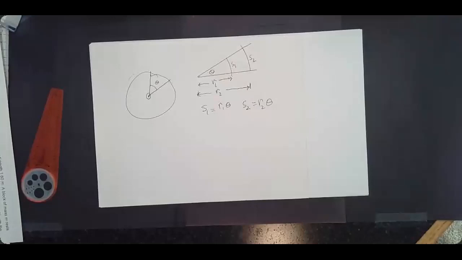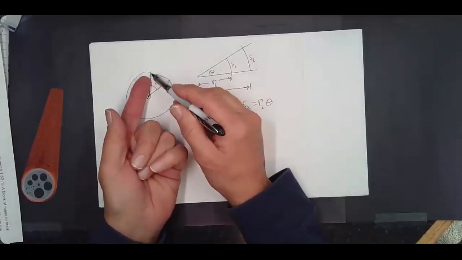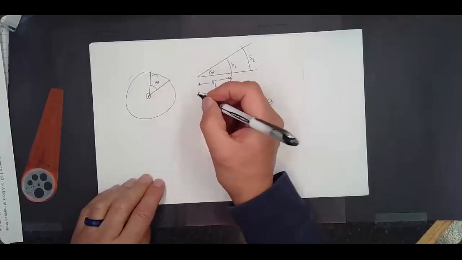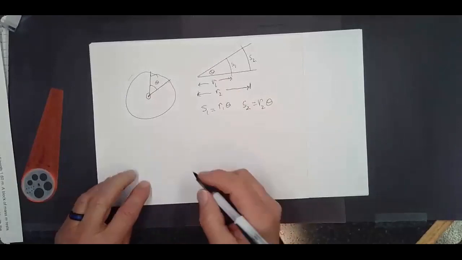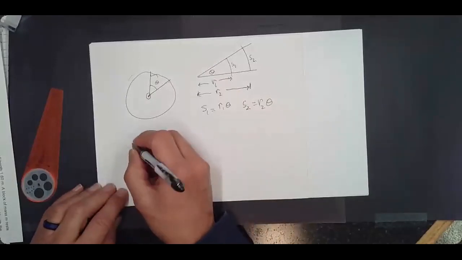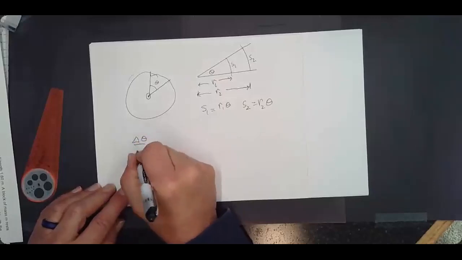Now, something we're going to be interested in almost immediately is how long it took to go through this angle change theta. I might just call it delta theta after this. We'll be interested in the change in theta divided by the change in time.